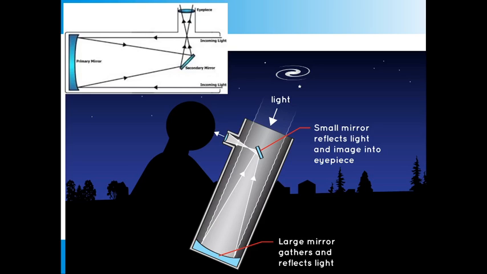So the large mirror gathers and reflects light, and it falls on a secondary mirror which reflects light, so that the inversion problem is solved.